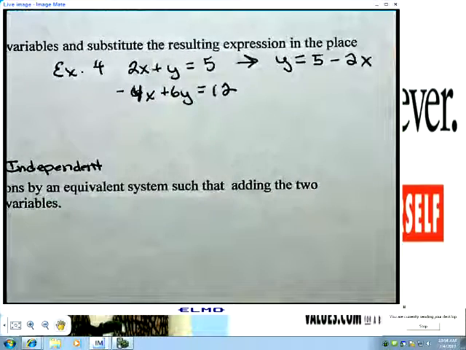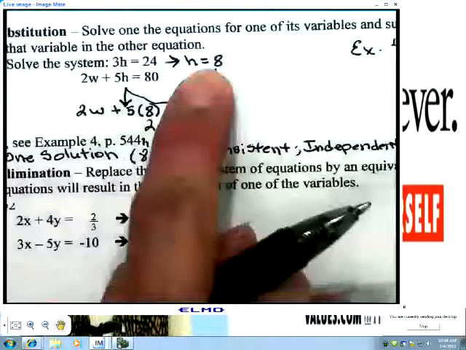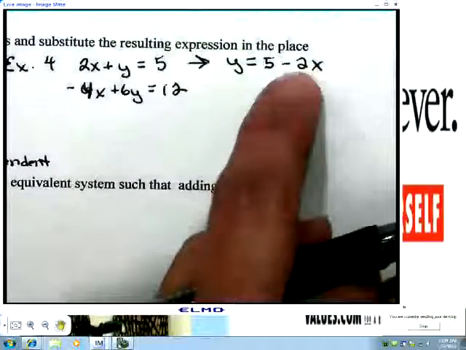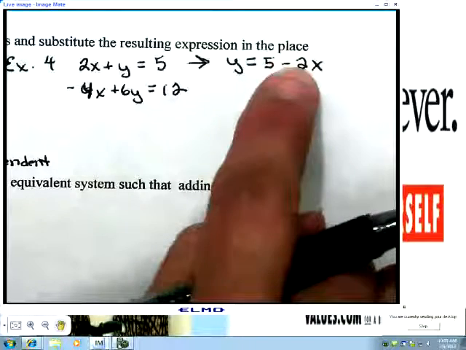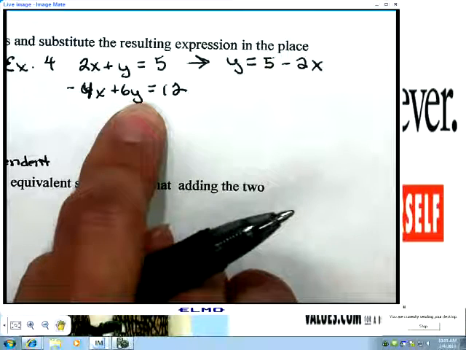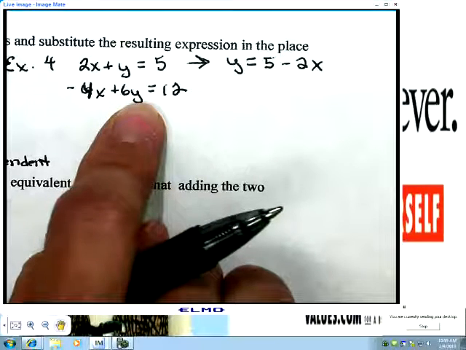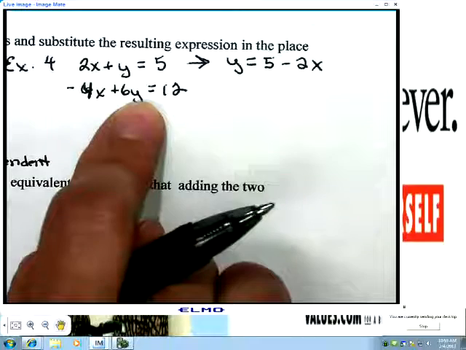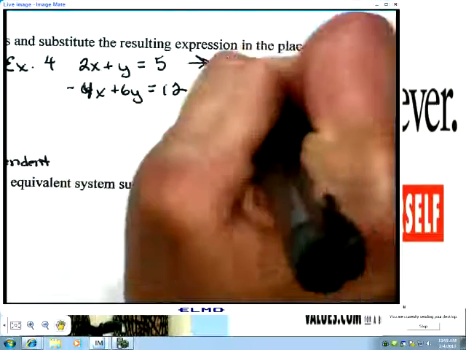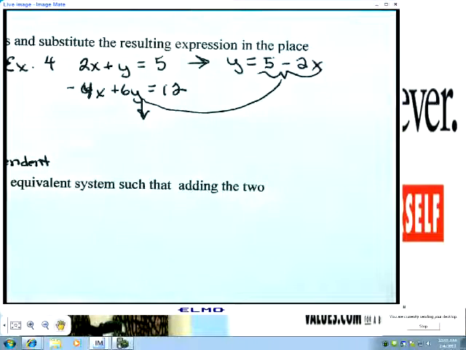Now, in this first example, I found the numeric value of h, and I put that number in the place of h. Well, in this one, I don't know the numeric value of y, but that's okay. I can still substitute this whole expression in place of y in the other equation, and I'll have an equation that only has one variable in it. That's the goal, because I can solve an equation that has one variable in it. So take that whole 5 minus 2x, put it in place of y in the other equation.